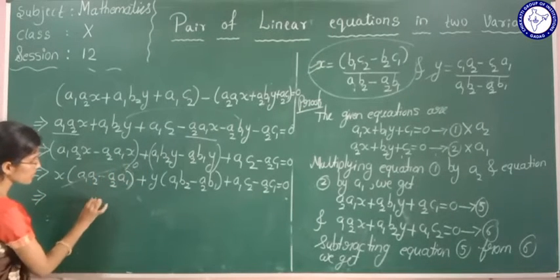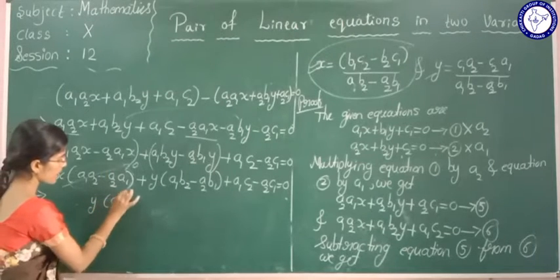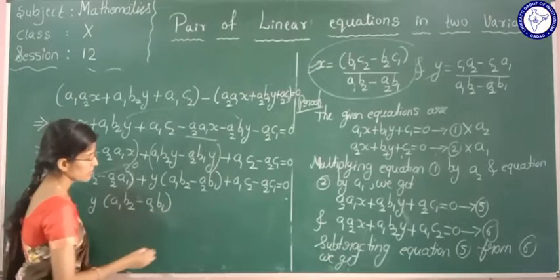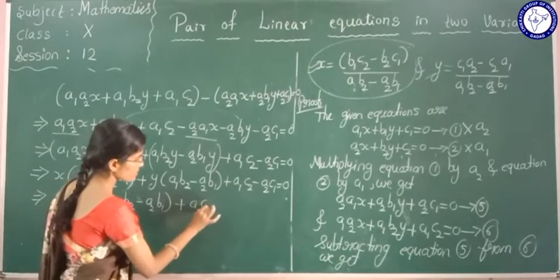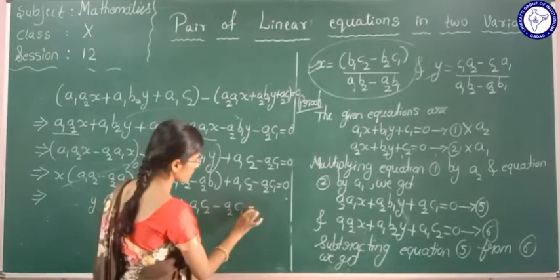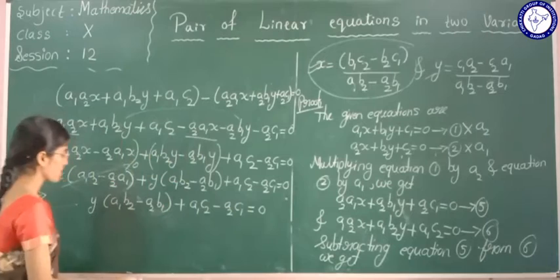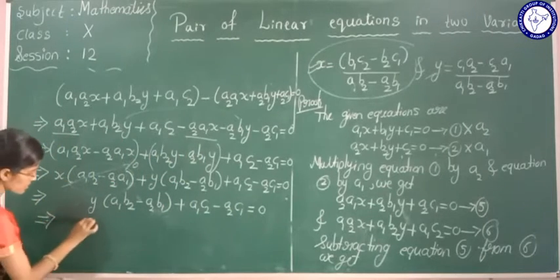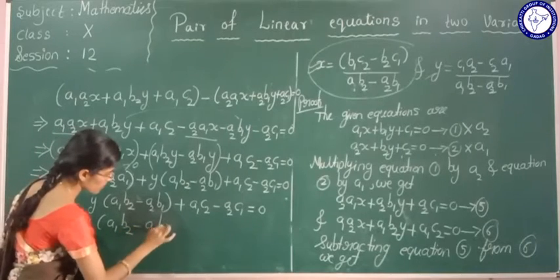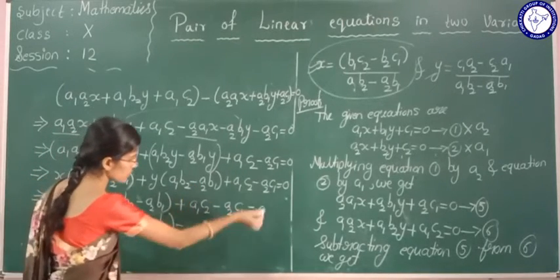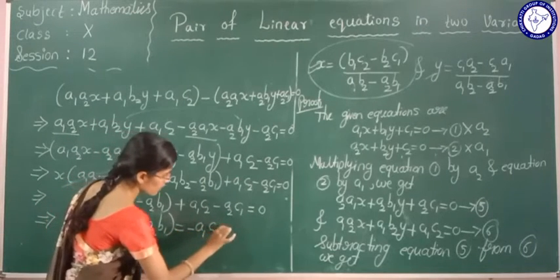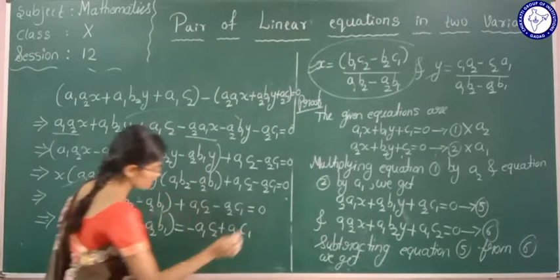So what is remaining? y multiplied by a1b2 minus a2b1, plus a1c2 minus a2c1 is equal to 0. So this implies y times a1b2 minus a2b1, we will shift the rest to the RHS, and it will become minus a1c2 plus a2c1.